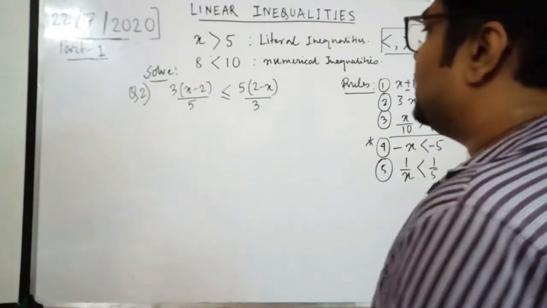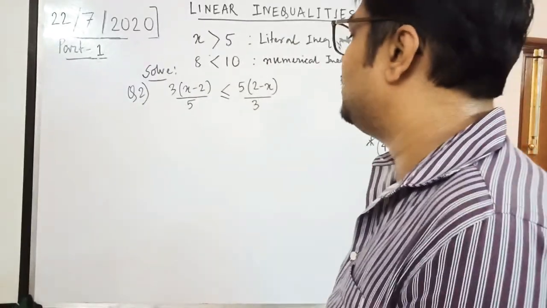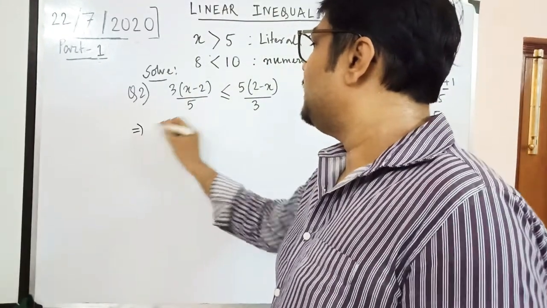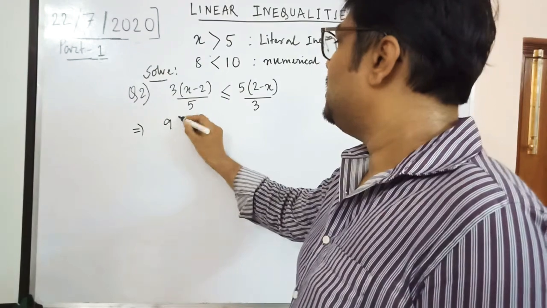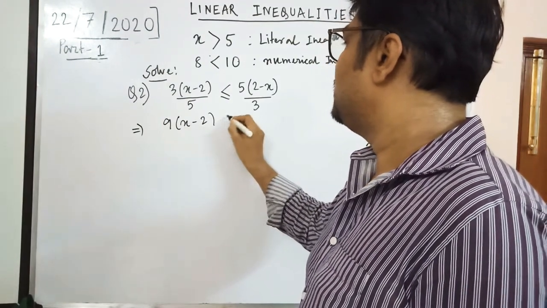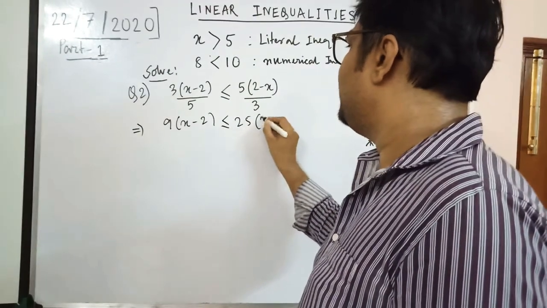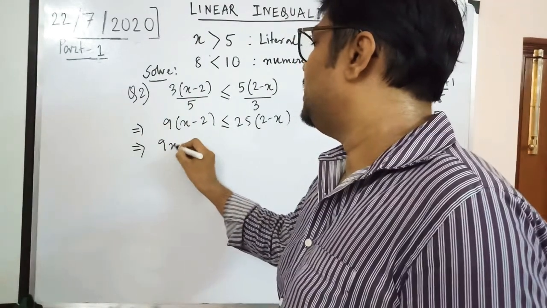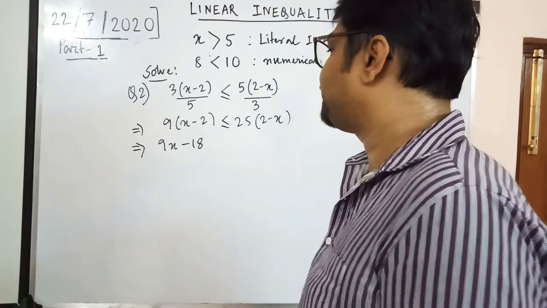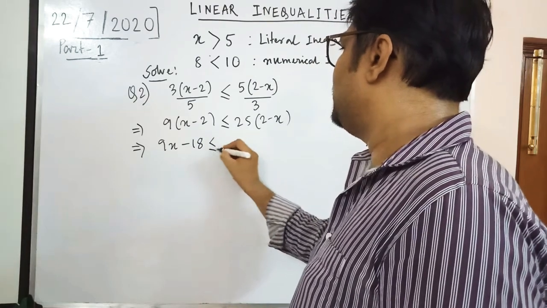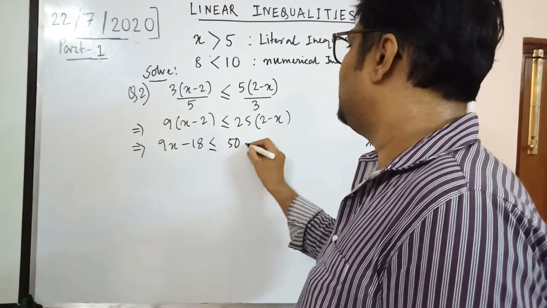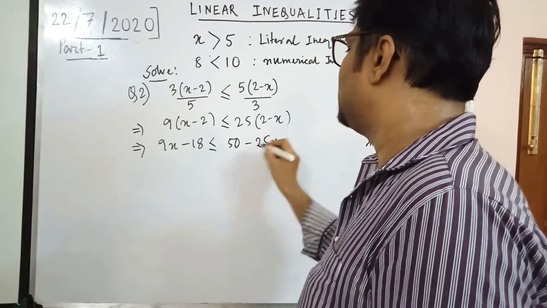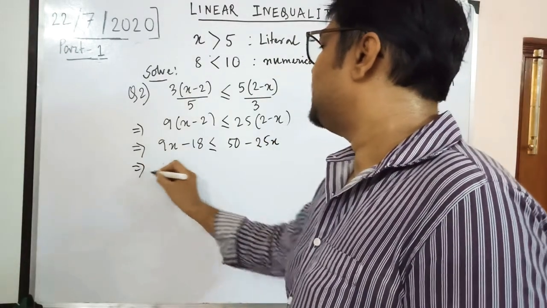So here we get another sum like this, we have to solve. So what we can do, we can cross multiply, we get 9 into x minus 2 lesser than equal to 25 into 2 minus x. Then 9x minus 18 lesser than equal to 50 minus 25x, and you can transpose the sides.